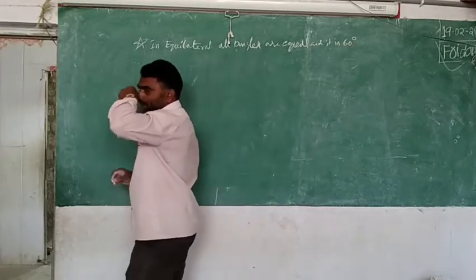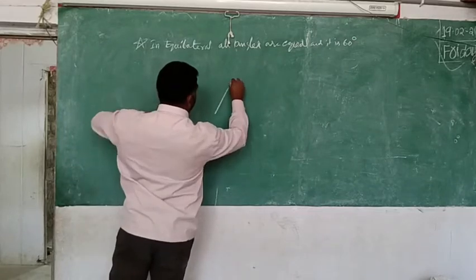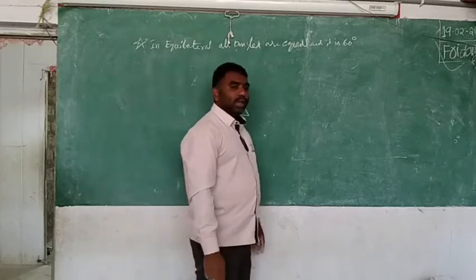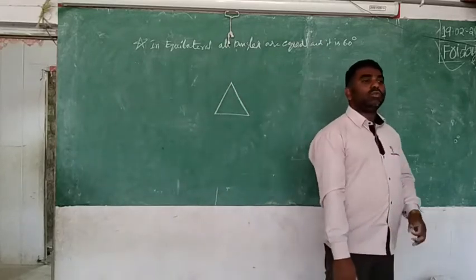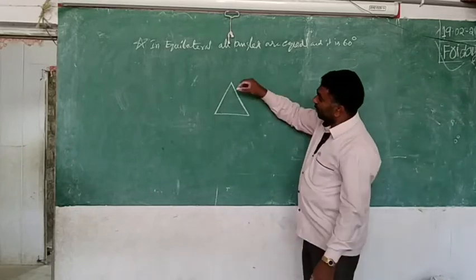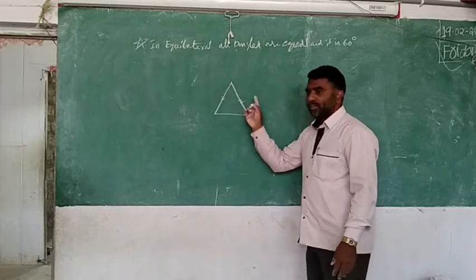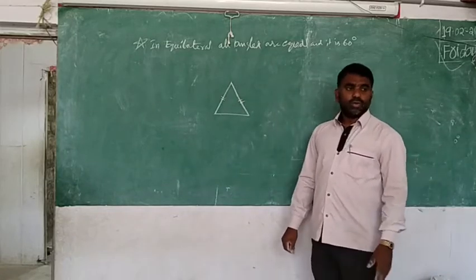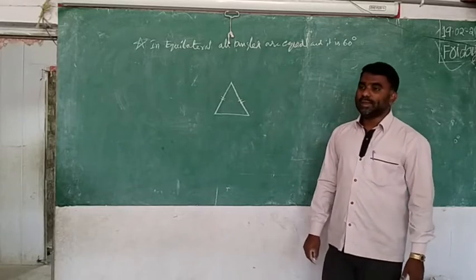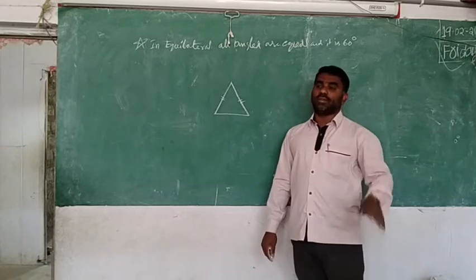That is one property. And in an isosceles triangle, two sides are equal and one is different. Think these two sides are equal, this is 4 and this is 4. You know already that when two sides are equal, then the angles opposite those sides are also equal.